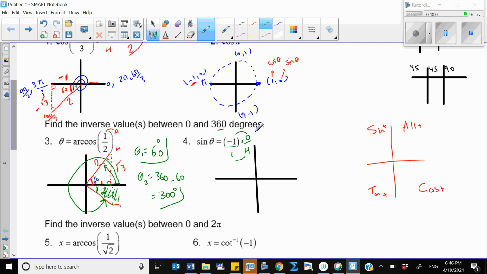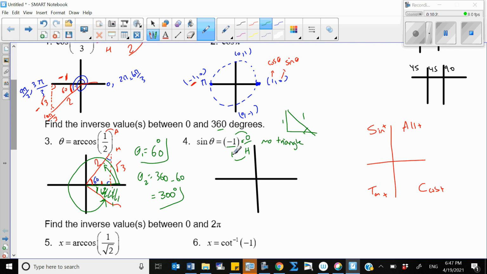So that means we have a right triangle where the opposite side of the angle is 1 and the hypotenuse is also 1. And that's not possible. In a right triangle, the hypotenuse is always bigger than the leg. So it's not possible. Then there is no triangle here.